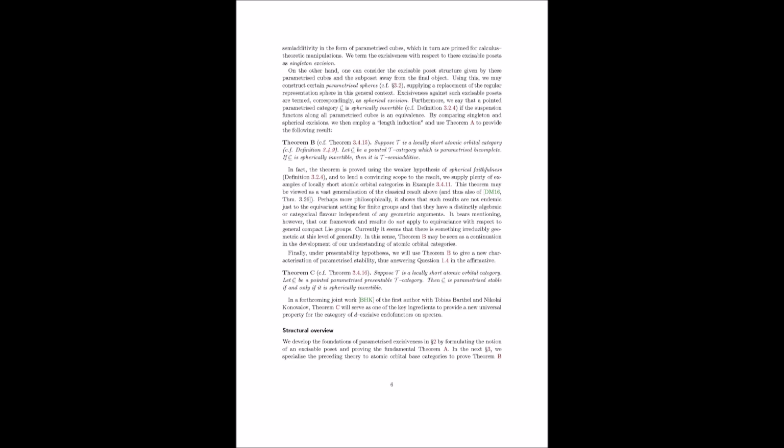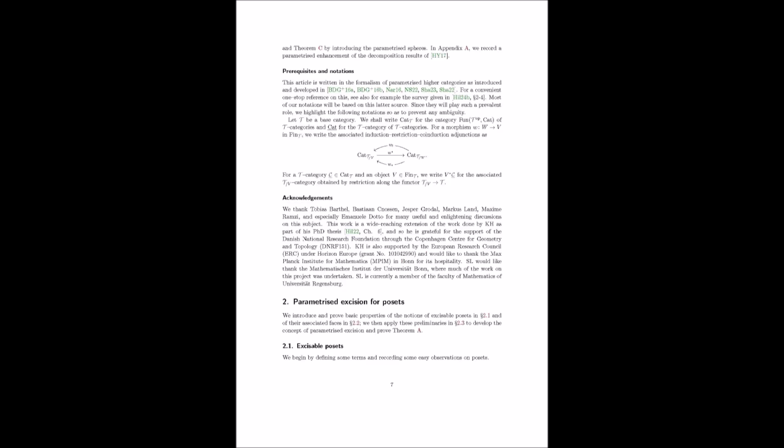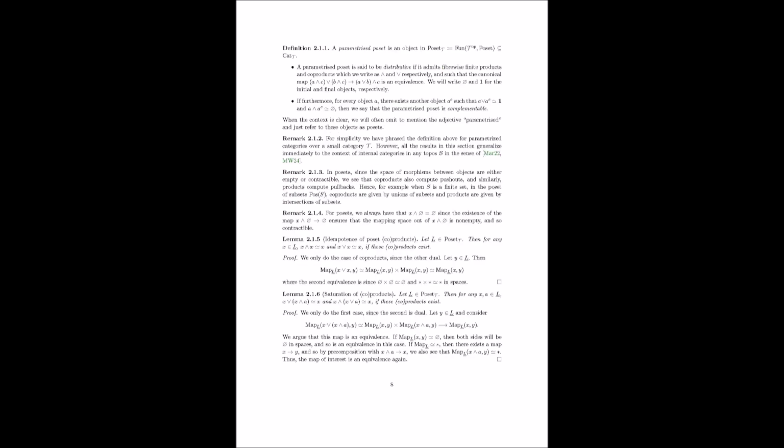But I'm still a little fuzzy on the main star of the show, excisable posets. What makes them so special? So an excisable poset consists of, first, a complementable poset L, and then a non-empty, downward closed, full subposet.